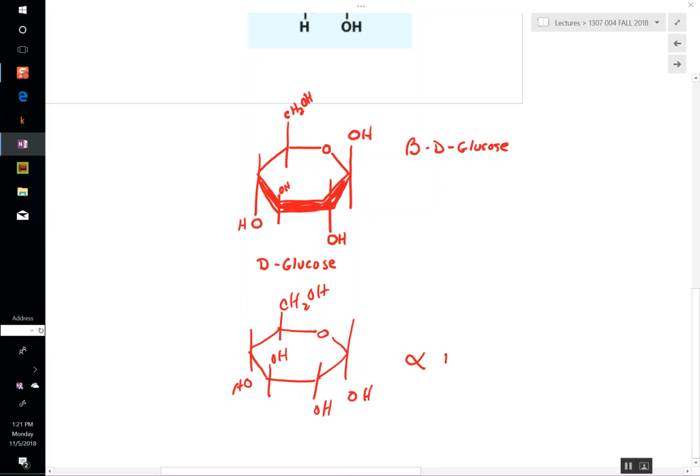Down here is alpha D-glucose. Okay? So those are the two forms.